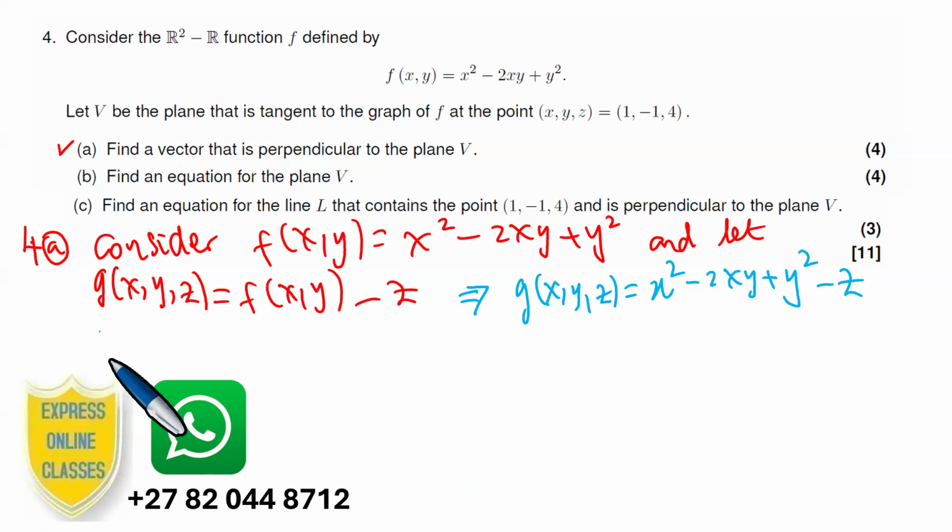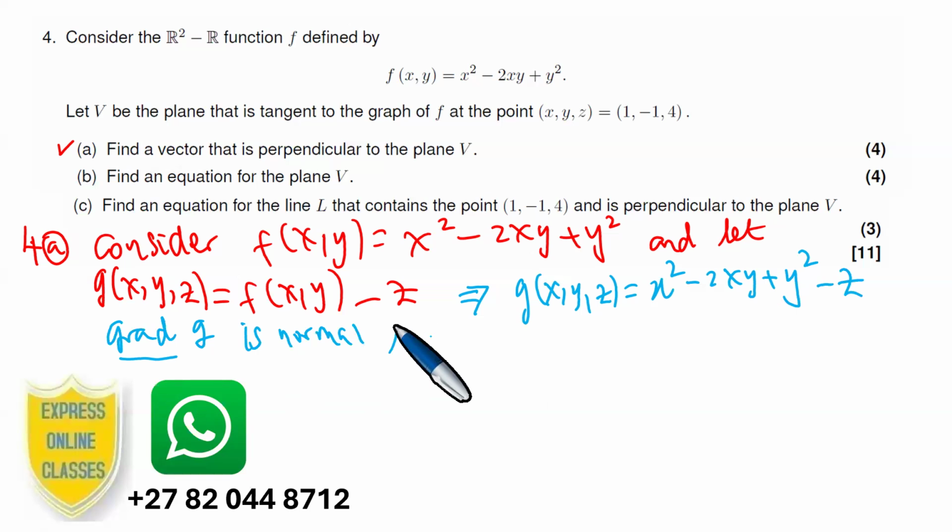Upon careful examination, we are able to note that the gradient of the function g is a vector normal to the graph of f.